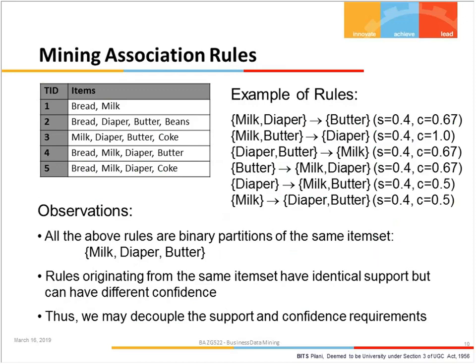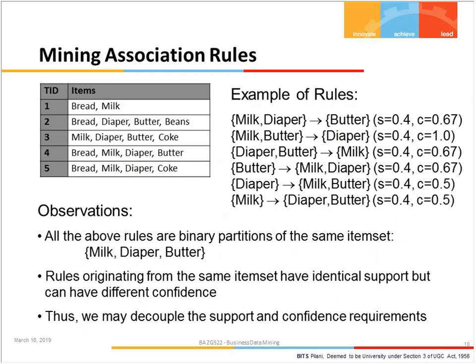Now, given that we have a very small database, we will be able to enumerate some rules and compute the support and confidence. Let's look at milk, diaper implies butter.